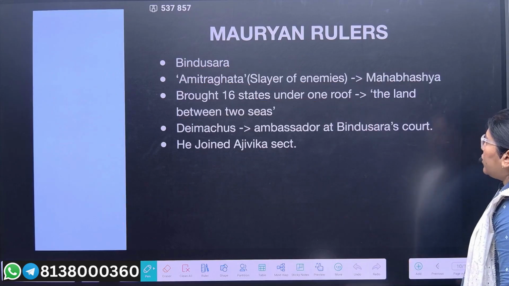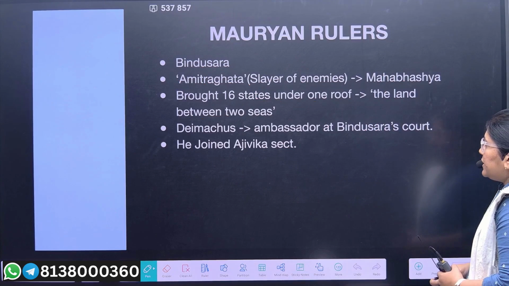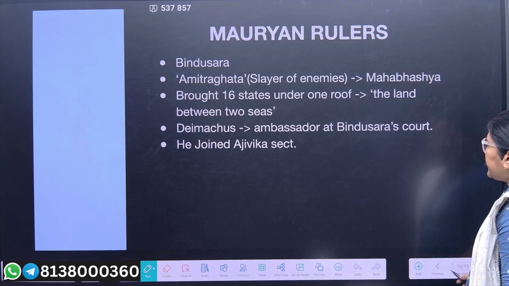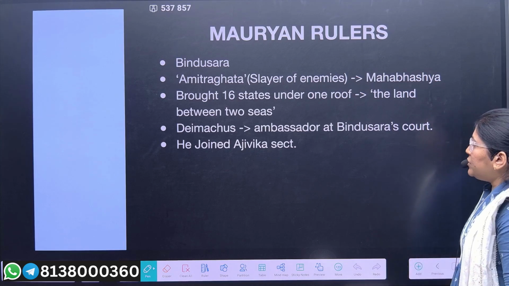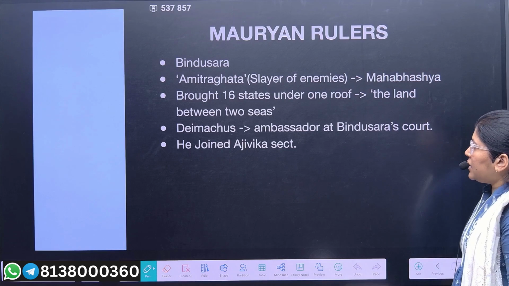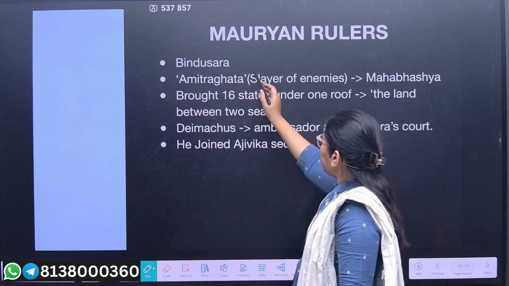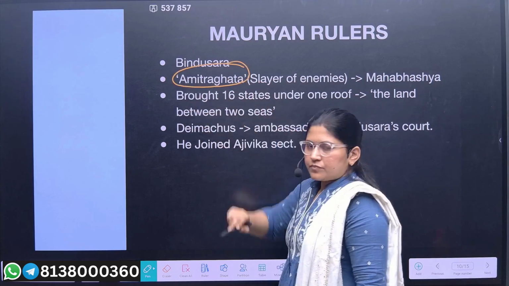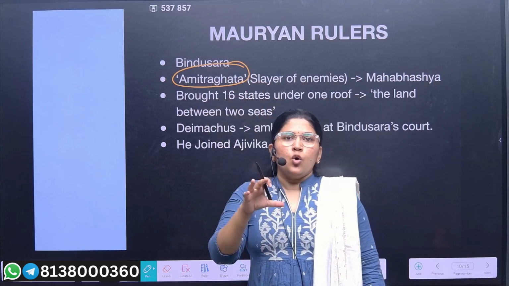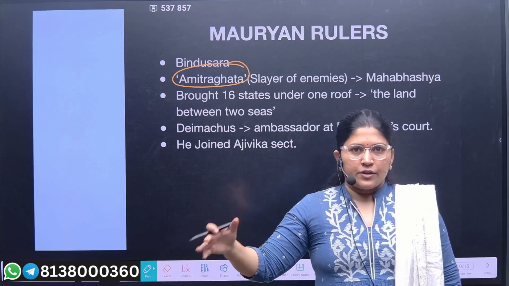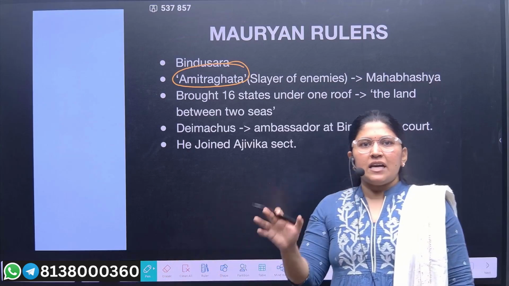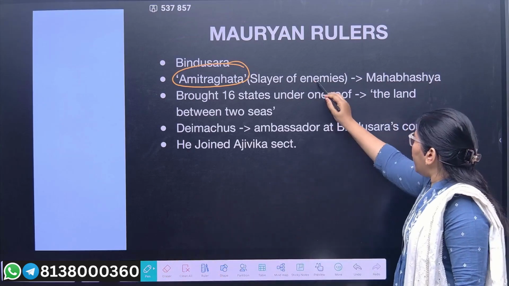Now after that it is Bindusara. Bindusara is also known as Amitraghata. Amitraghata means the one who will slay enemies into the ghat or into the valley, the slayer of the enemies.